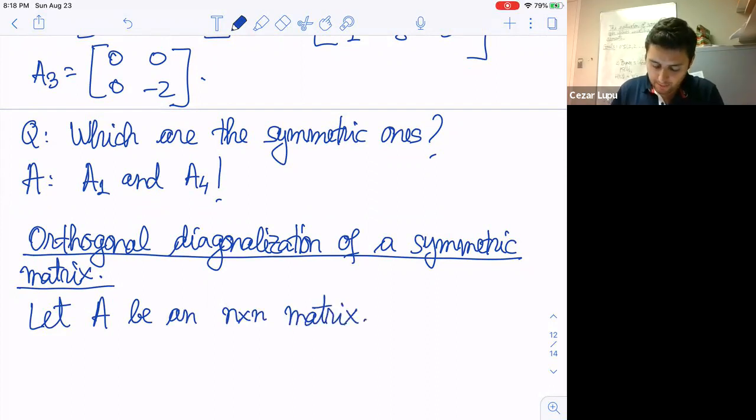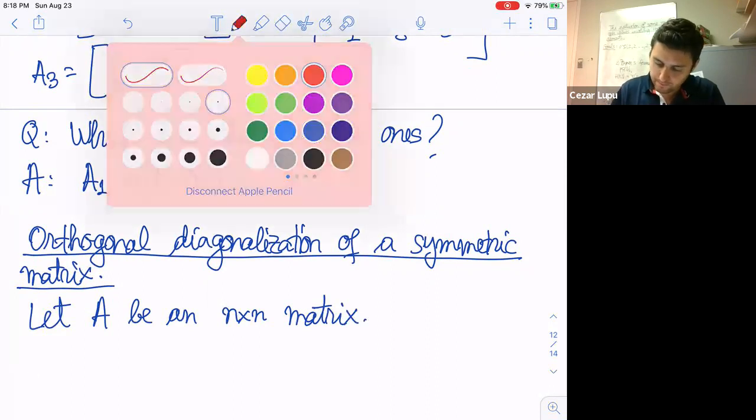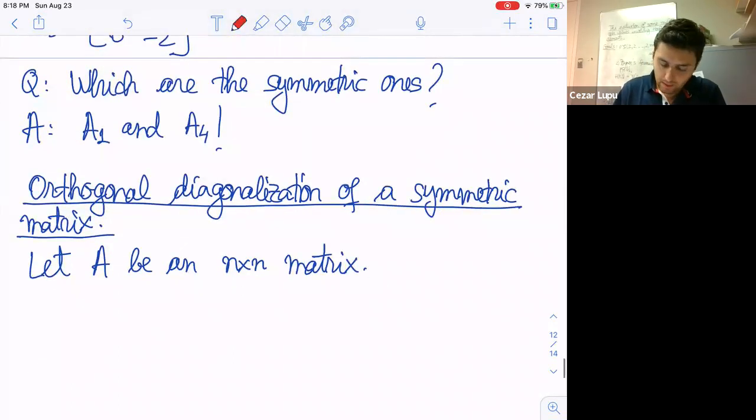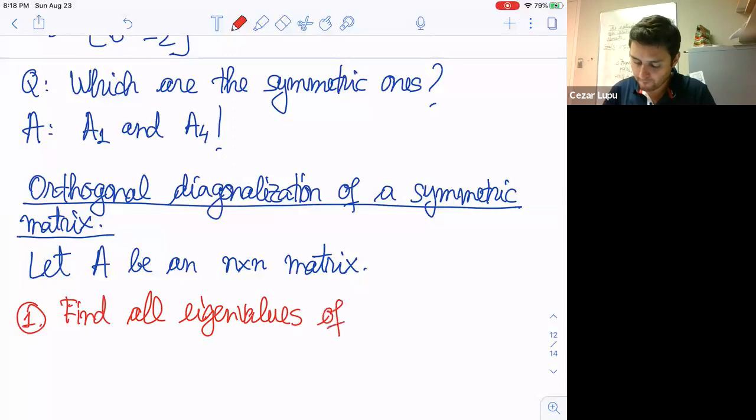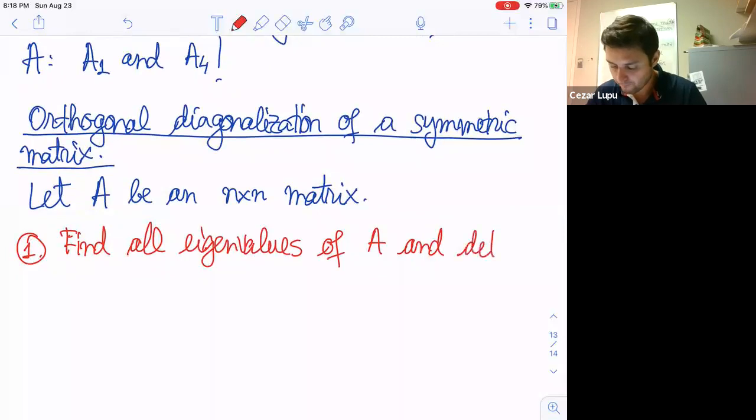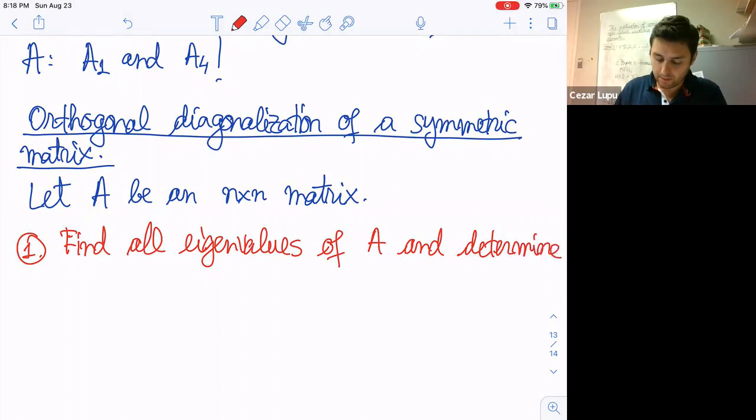Now, the first step is to find all eigenvalues of A and determine the multiplicity of each.